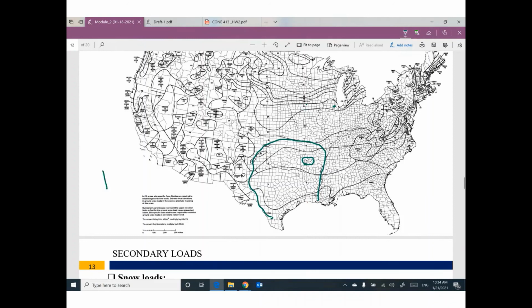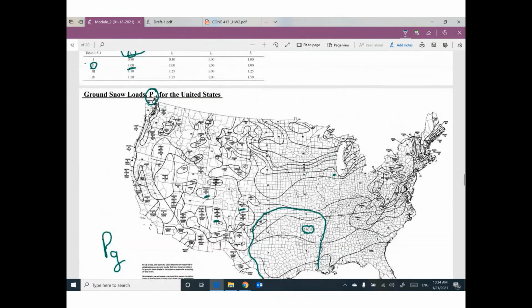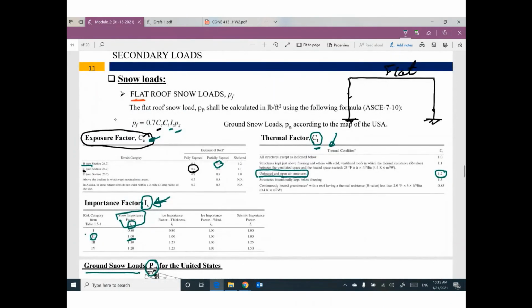So the value of PG is located on this map based on the location of the city or the location of the building. PG is the ground snow load. This equation will help you figure out the value of the snow load on the flat roof in pounds per square foot.